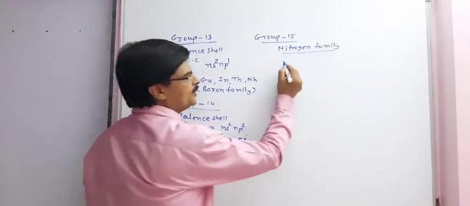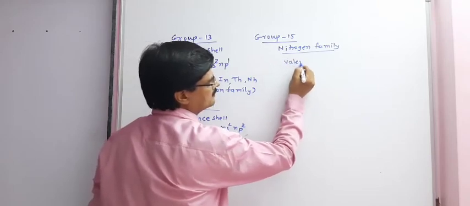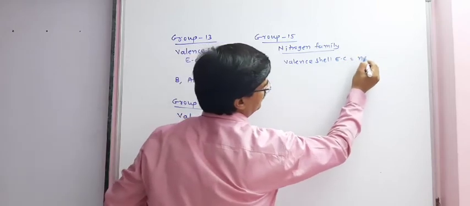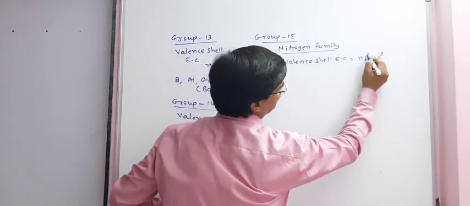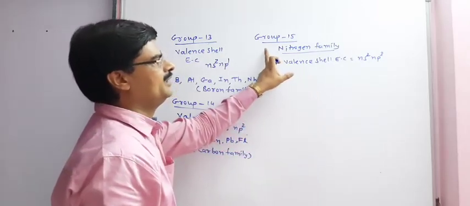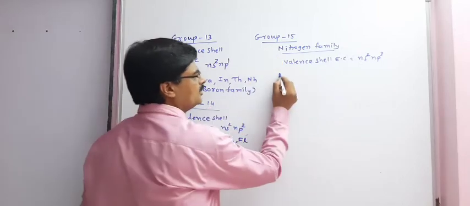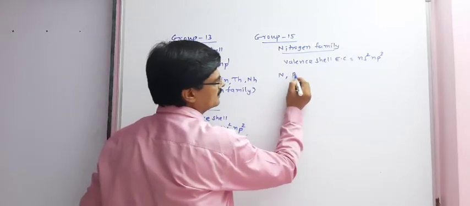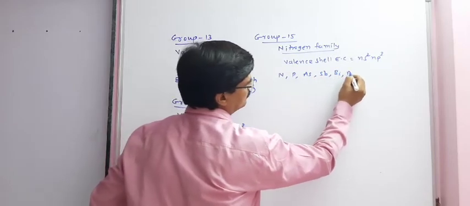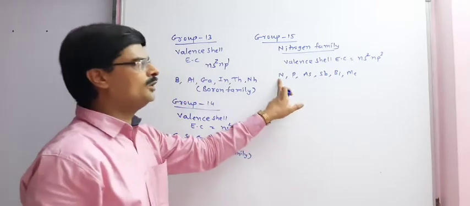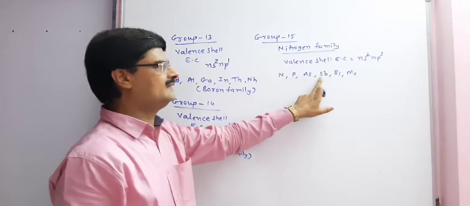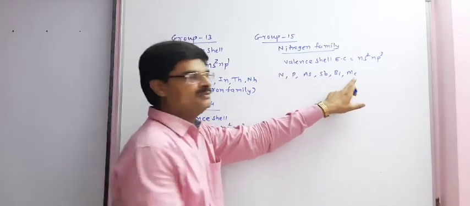Here the electronic configuration of the valence shell is ns2 np3, meaning there are 5 electrons present in the valence shell of the elements in group number 15, and the symbols of the elements present in group number 15 are N, P, As, Sb, Bi and Mc.